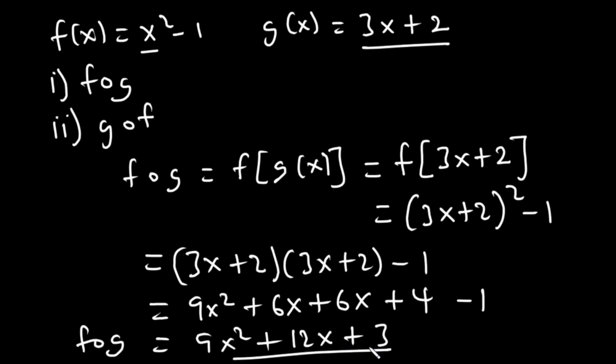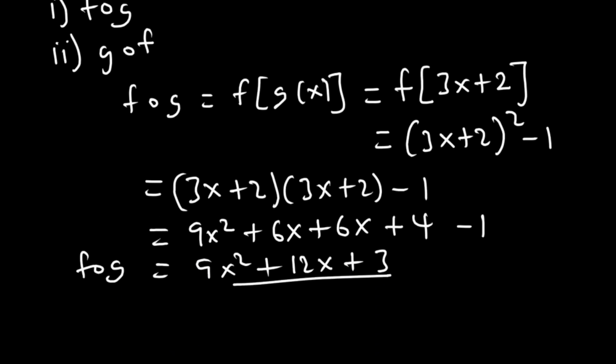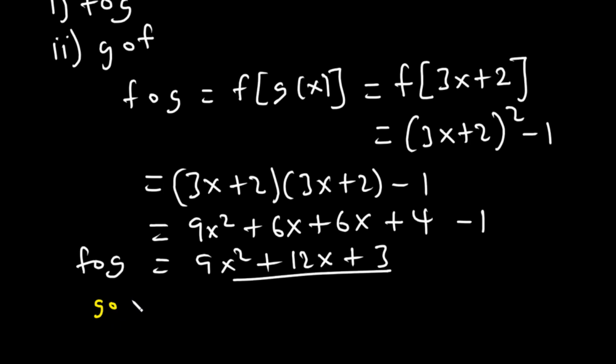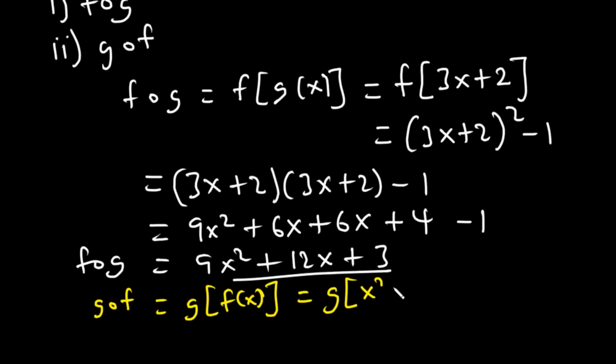Now let's find g of f. g of f is equal to g into bracket f of x, and f of x is x squared minus 1, and then g is 3x plus 2. So we have 3 into bracket x squared minus 1, plus 2.